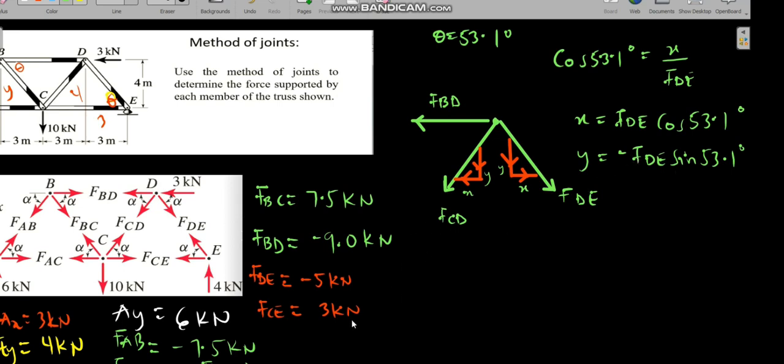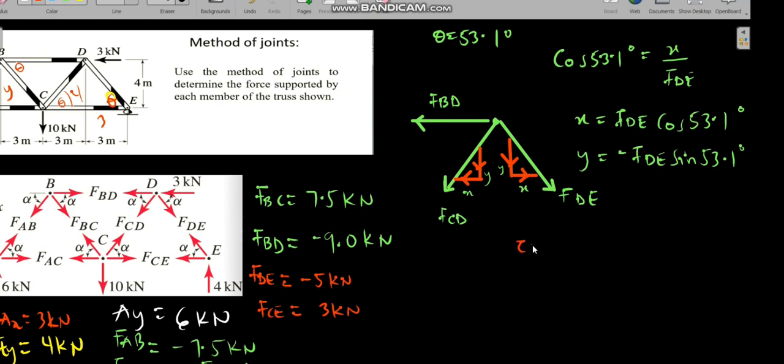Let's do the same for FCD. The angle it makes here is this theta, which is also 53.1 degrees, because of the 3 and the 4 that we have here. If you take tan inverse of 4 over 3, it gives you the angle theta, which is 53.1 degrees. Now let's find the x and y components of FCD.